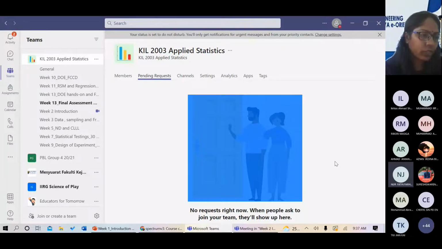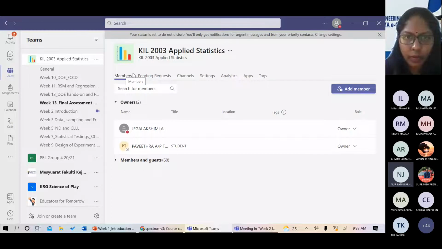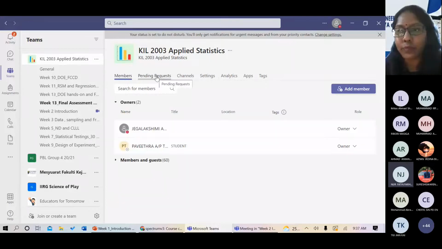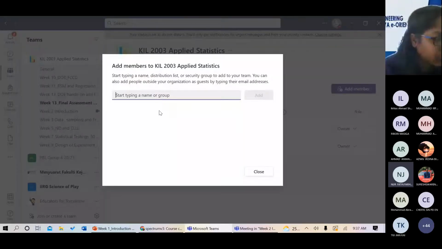Okay, I'm aware. Request sent. But then I don't get your request. I believe you must use your UM365, not your Siswa mail, right? Okay, let me add Shengji's email.